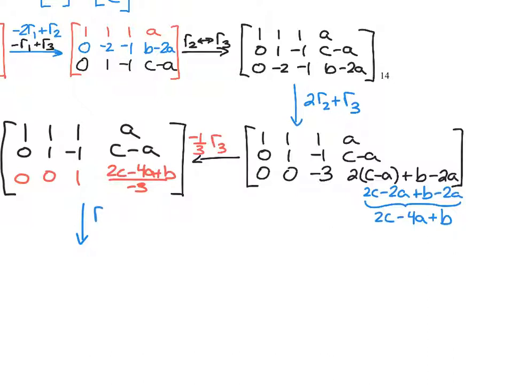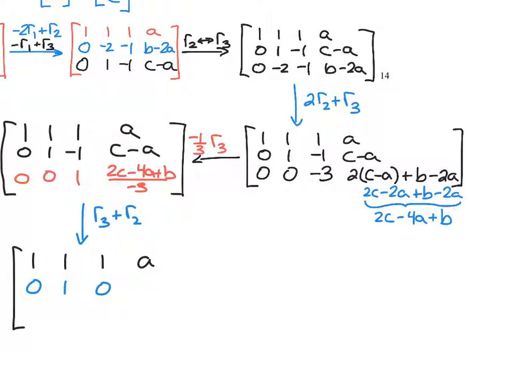Row 3 plus row 2. So 0, 1, 0, all that stuff added together.